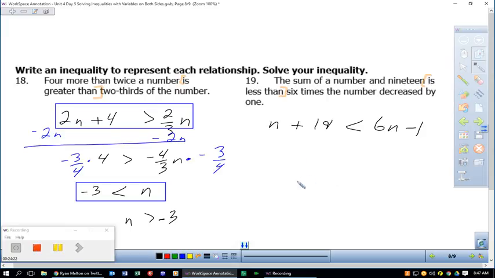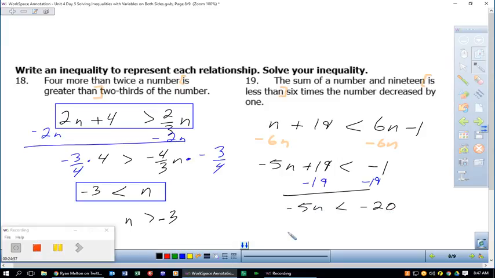Okay, next, subtract 6n. That's negative 5n plus 19 is less than negative 1. Negative 5n is less than negative 20.